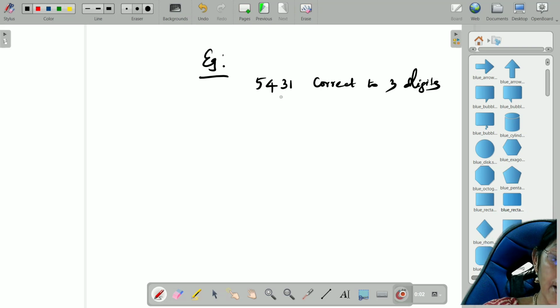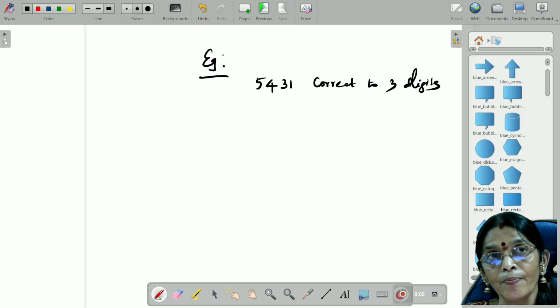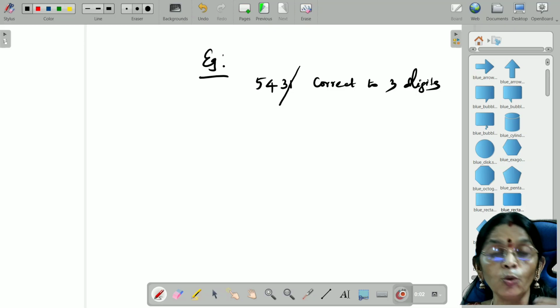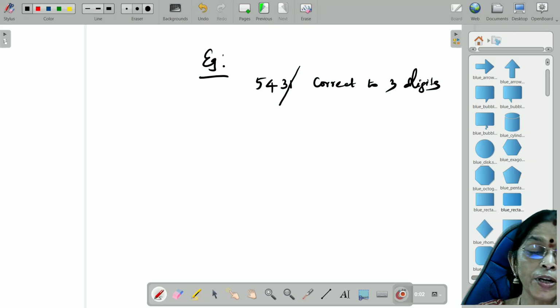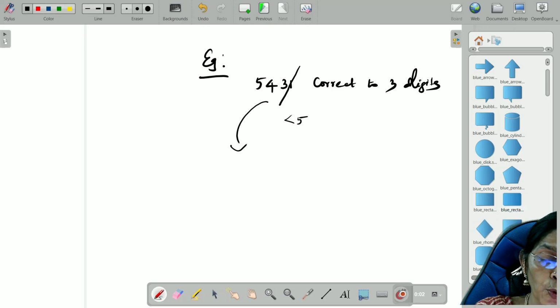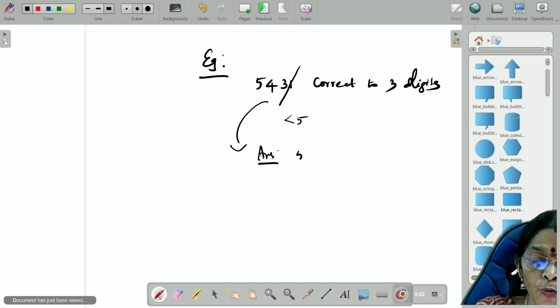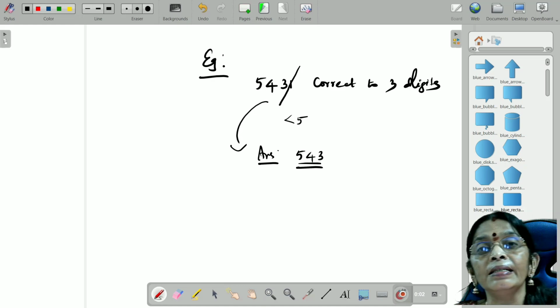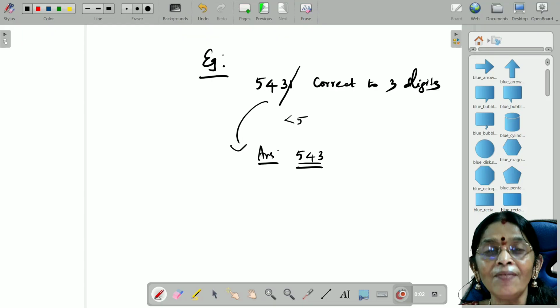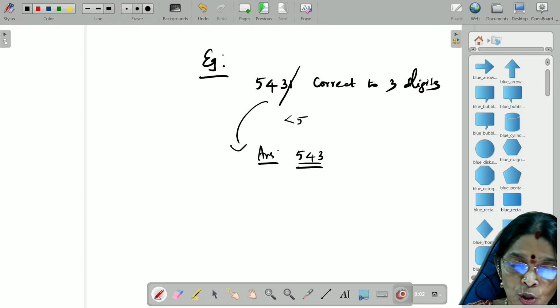So the digit to be dropped is 1, because correct to 3 digits means you have to drop the last digit. The last digit is less than 5, so I have to write the answer as 543 only, because the preceding digit is never changed. You can't change the preceding digit; it is left unchanged.